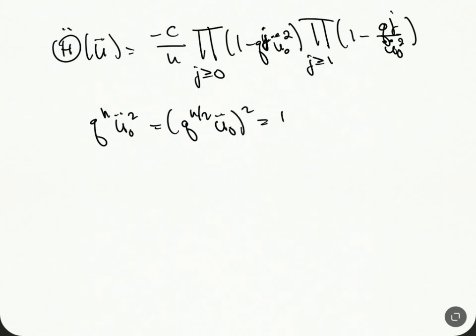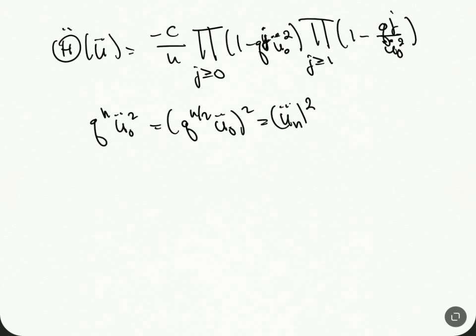And this is u dot dot n squared. Okay, because this is u dot dot to the n.